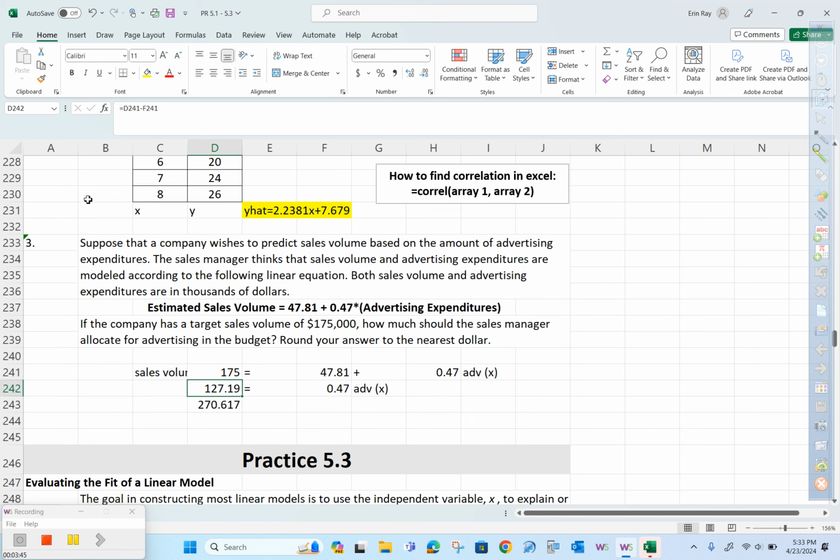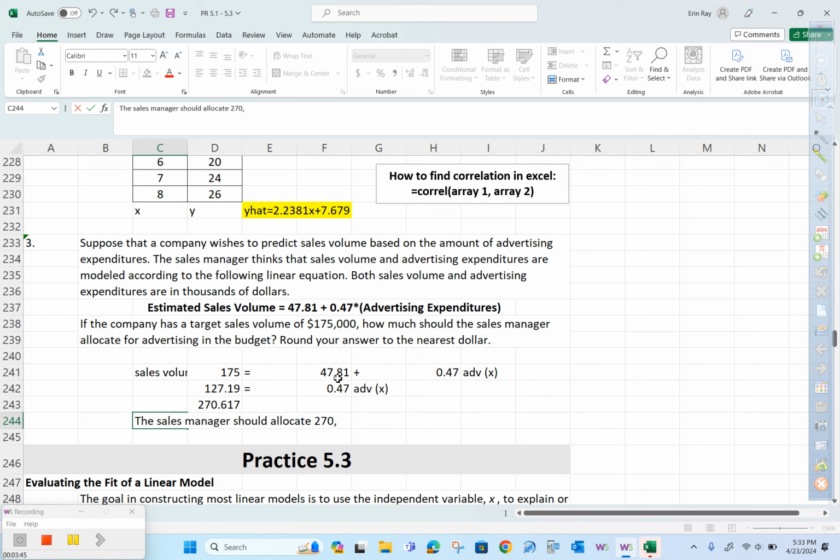Okay, so then it says the sales manager should allocate this much for advertising. So the sales manager should allocate 270. Remember, this is in thousands, so I'm moving my decimal back.